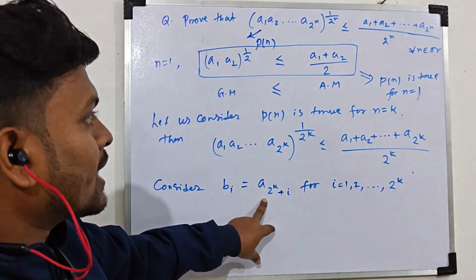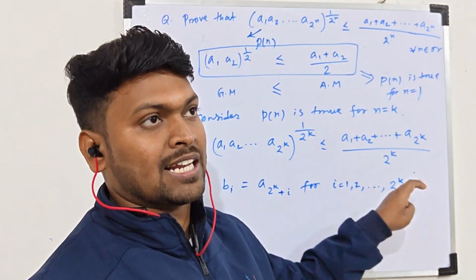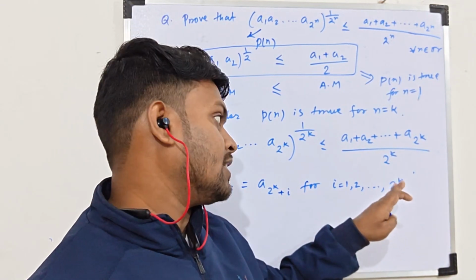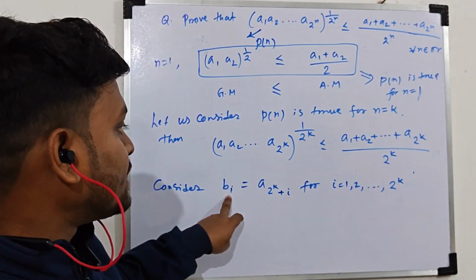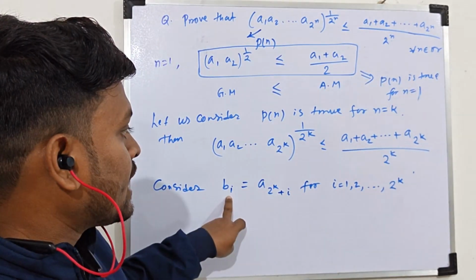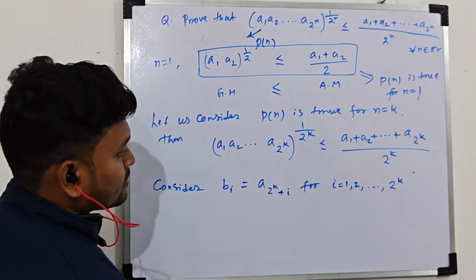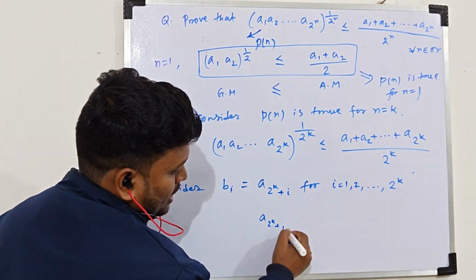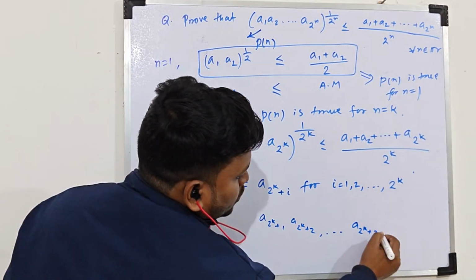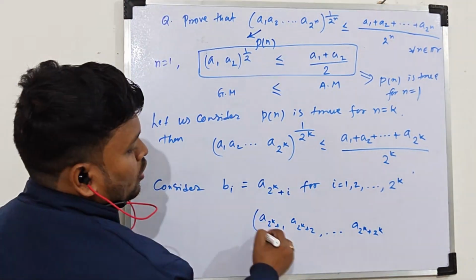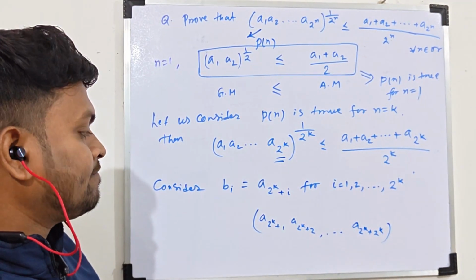That means we consider another 2^k numbers, which we call bi as a function of ai. So we consider a_{2^k+1}, a_{2^k+2}, up to a_{2^k+2^k}. That means we consider 2^k numbers after the number 2^k.